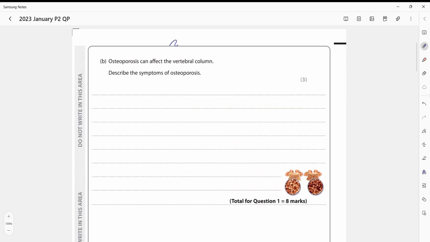So we have to talk about what osteoporosis is. Osteoporosis leads to the bone becoming more porous.